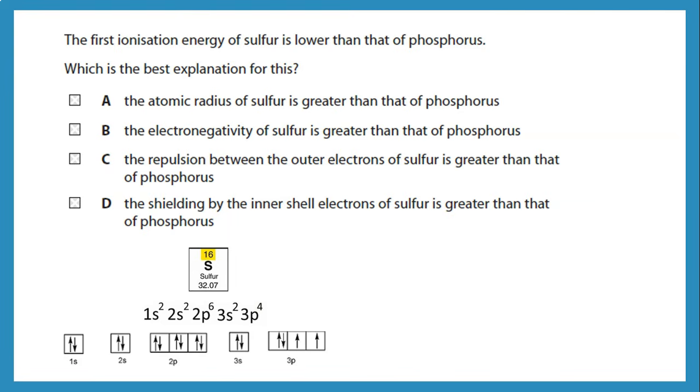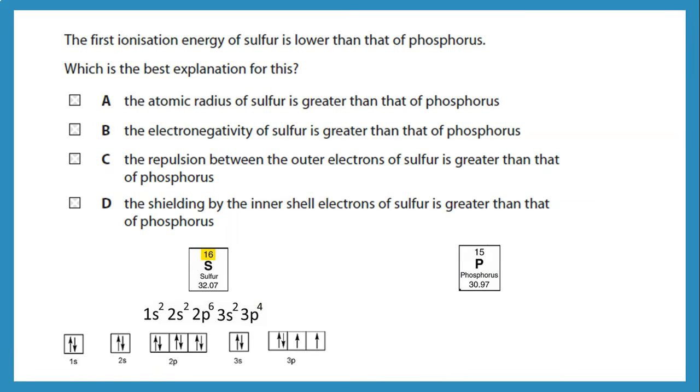If we distribute, remember the 3p4, we find that in the outermost 3p sublevel, there is a paired electron, and we said the paired electrons will repel each other, so it will be easy to remove that paired electron.